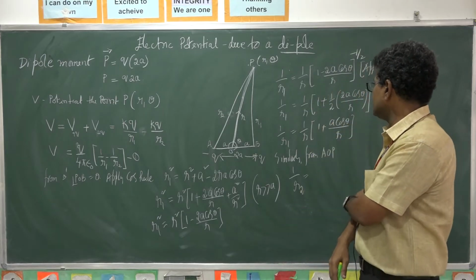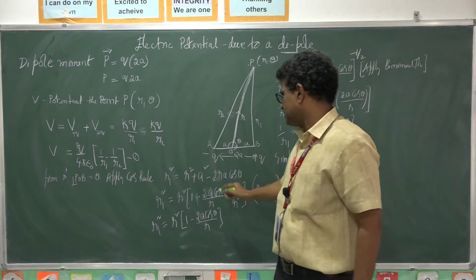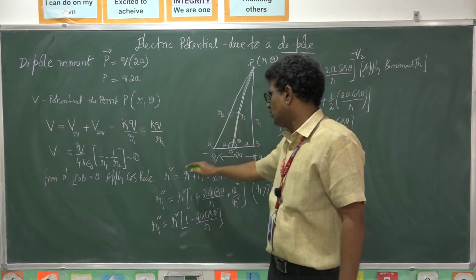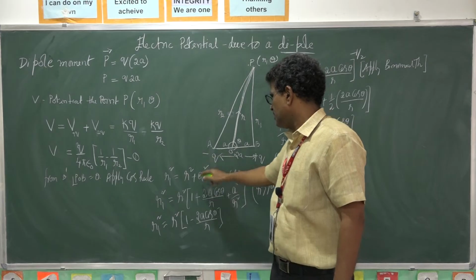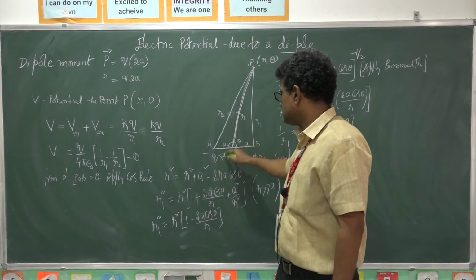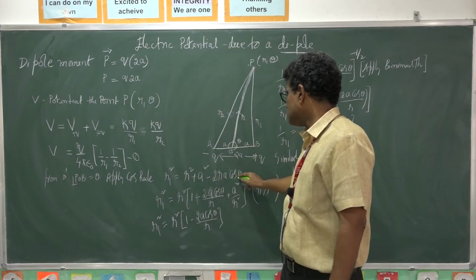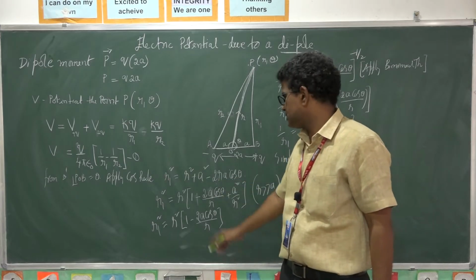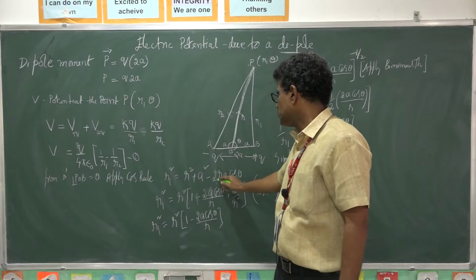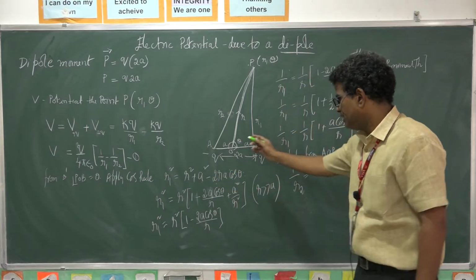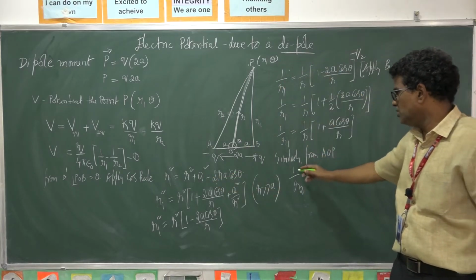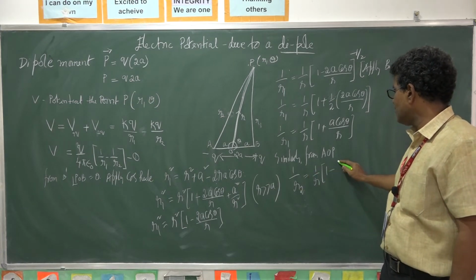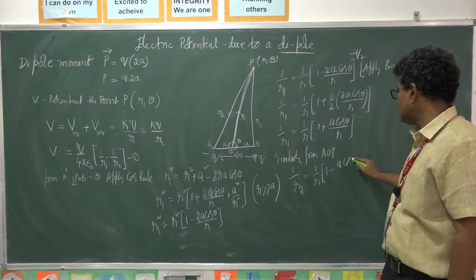Cos of 180 minus theta becomes minus, so you will get a plus here. R2 square is equal to R square plus A square minus 2RA cos 180 minus theta, which gives plus 2RA cos theta. By simplifying in a similar fashion, you will get 1 by R2 is equal to 1 by R into 1 minus A cos theta by R.